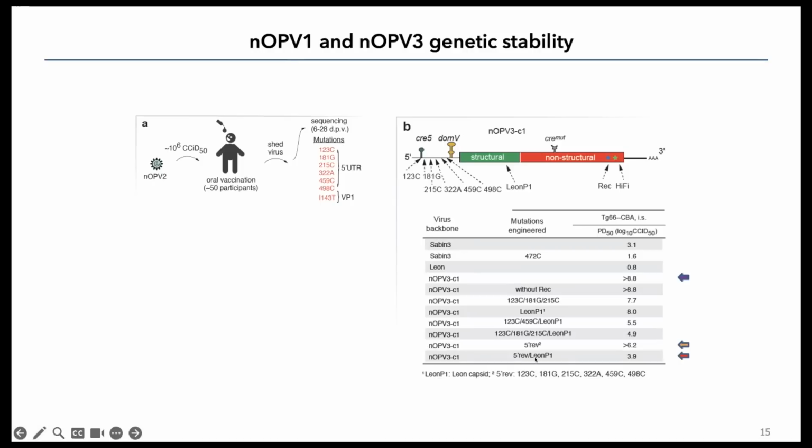So even with all these mutations, this potential strain, worst case scenario, still looks very much like original Sabin.